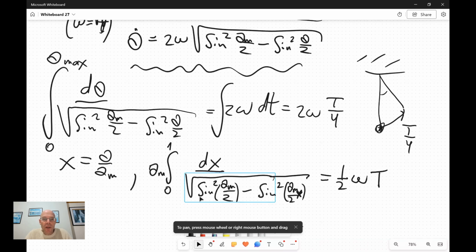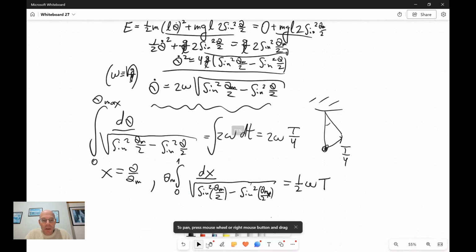What else can we say? Well, we can consider some special cases. We can do this integral numerically. Let me show you a few examples of what we can do with this integral.